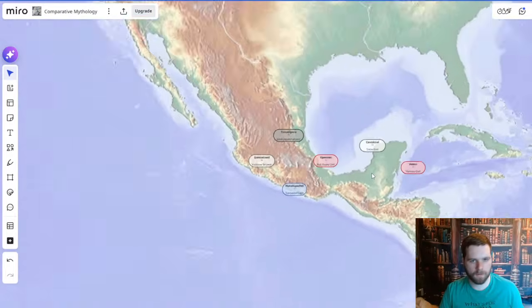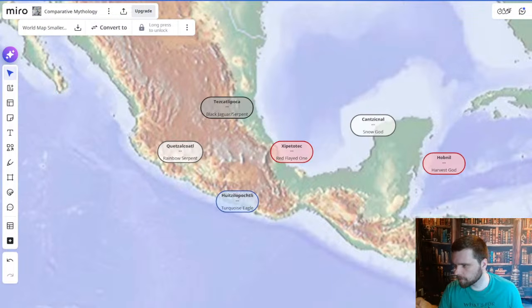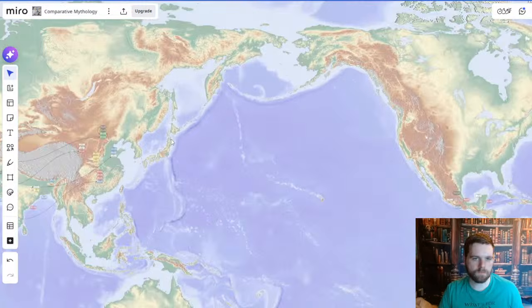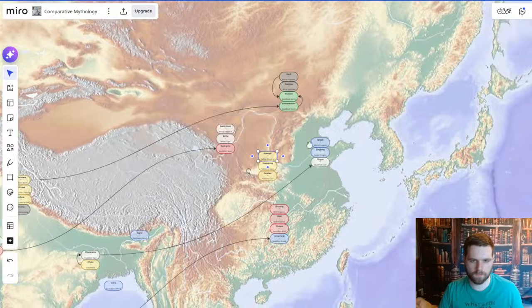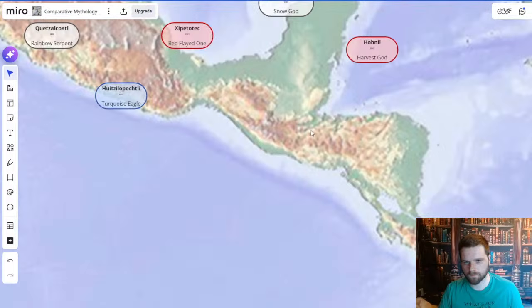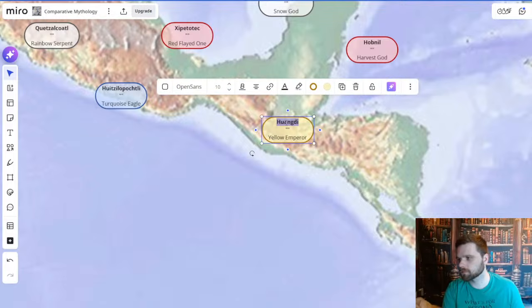And then south. We got a new color, at least over there, yellow. He is the storm and rain god.